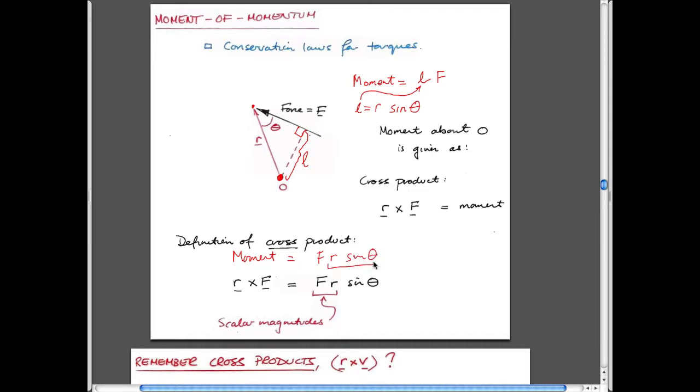So this length here is what we've called lowercase l, and F is the magnitude of the force, not as a vector, just the magnitude. And so this moment allows us to calculate this behavior just by looking at this. And of course, what we've done here is the cross product. It's the cross product of the vector r and the vector F, which we just write this way.